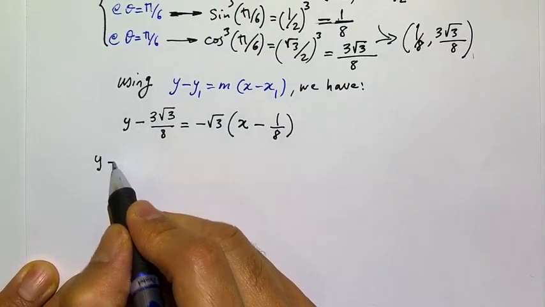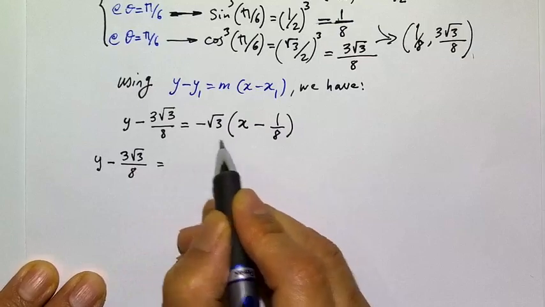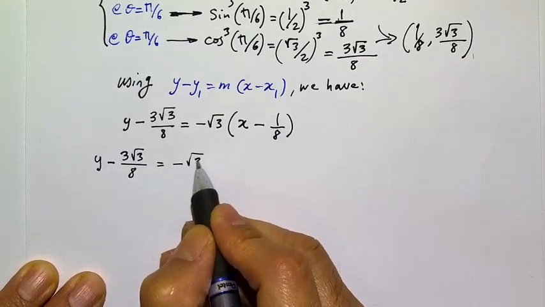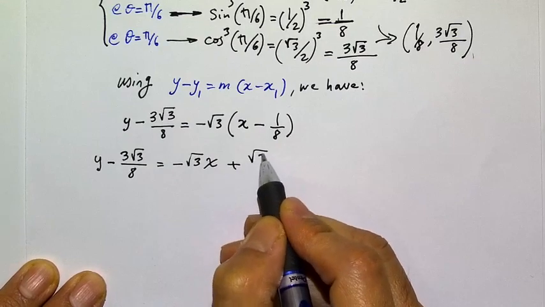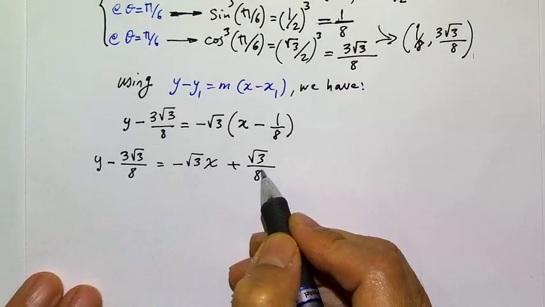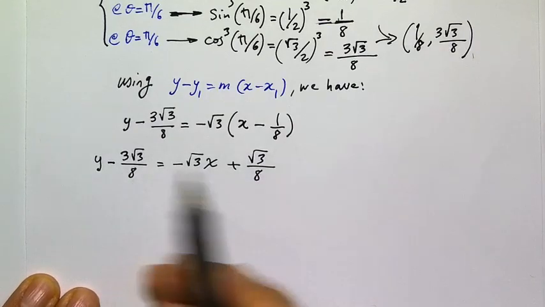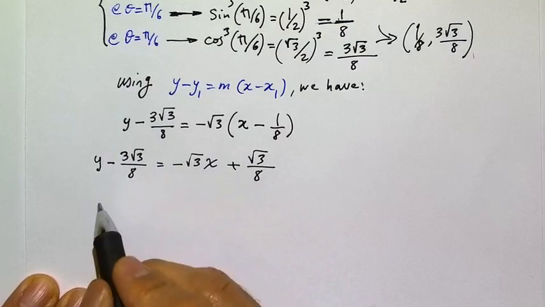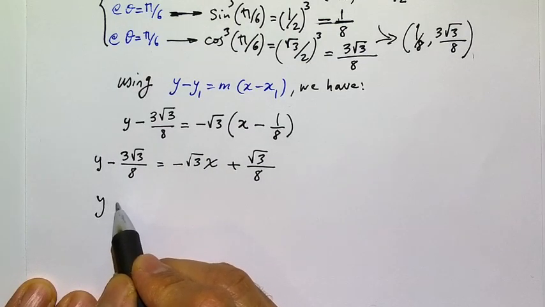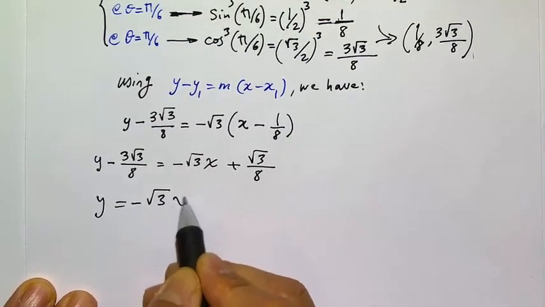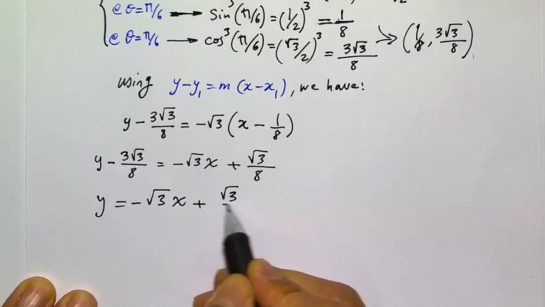Distributing this minus square root of 3, we have minus square root of 3x plus square root of 3 over 8. We move this to the other side and add it to 3 square root of 3 over 8. So y equals minus square root of 3x plus square root of 3 over 8.